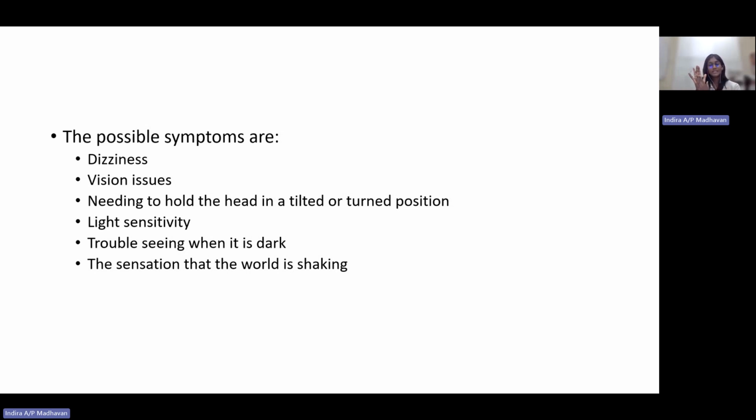So it goes onto the retina, and it can hit any place, and then that light will be reflected, scattered around in the eye, and that scattering of light in the eye will lead the patient to have light sensitivity or glare problem.